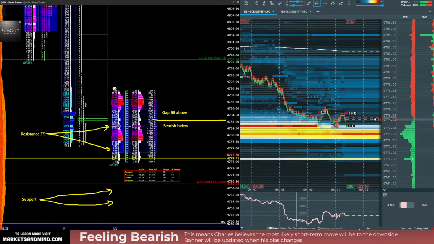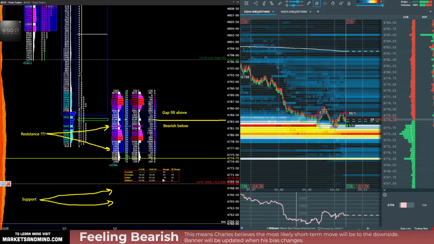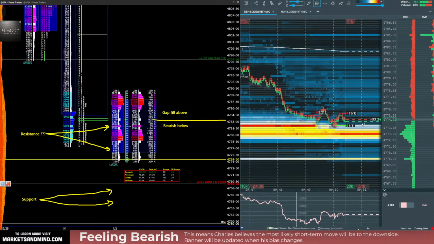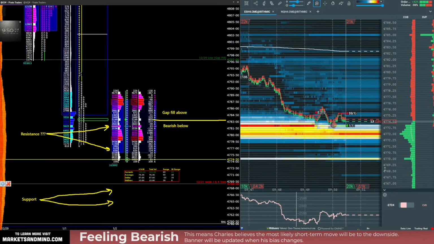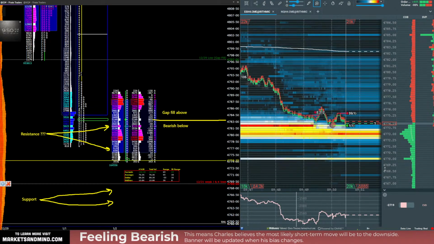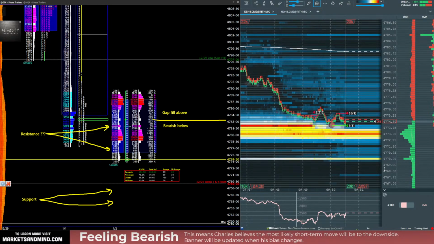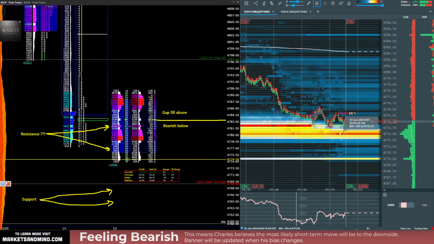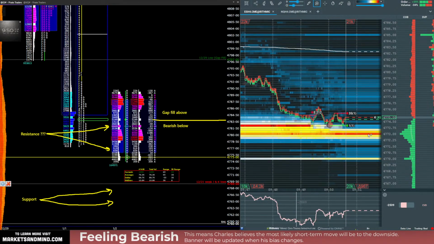Looks like we're going to get a little bot shenanigans here below the overnight low, a little grinding around between probably 73 and 76. But that's to give the market a chance to fill these orders.